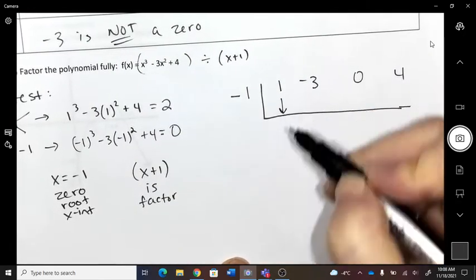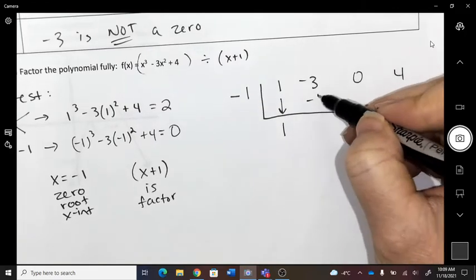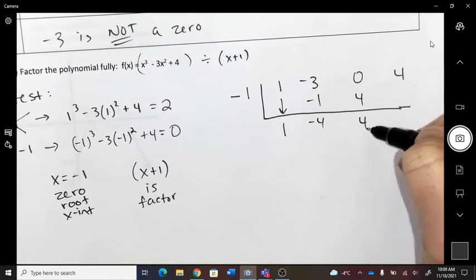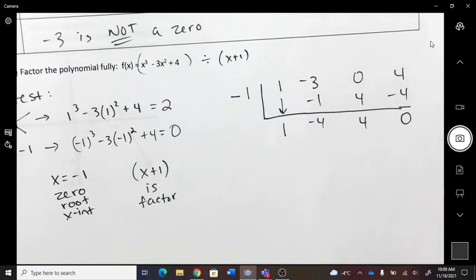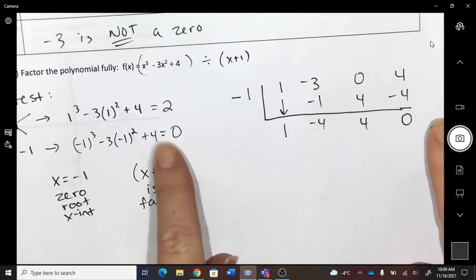Okay, so start your process, bring that down, times, add, keep going. You should have got a 0 because we already tested it over here. So we knew that it should be 0, right?